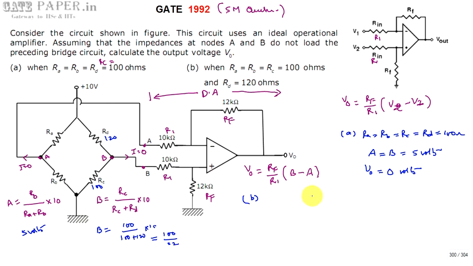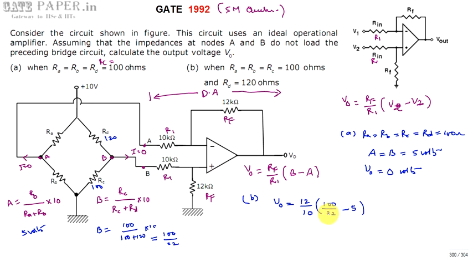So V0 is equal to 12 kilo ohms divided by 10 kilo ohms, RF by R1, into, just writing it, RF is 12, R1 is 10, B value is 100 by 22, minus the A value, which is 5 volts.